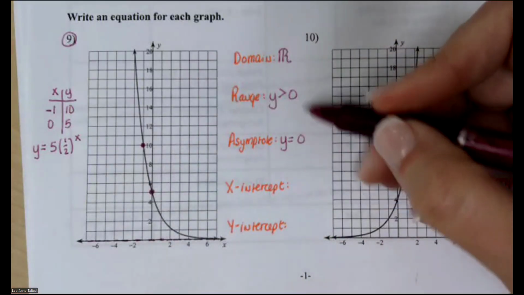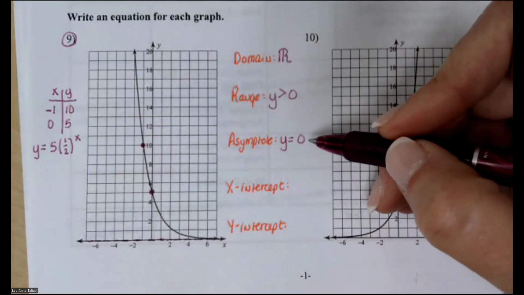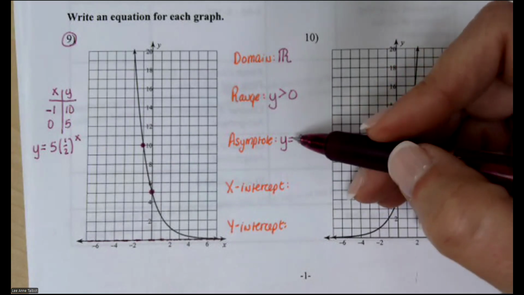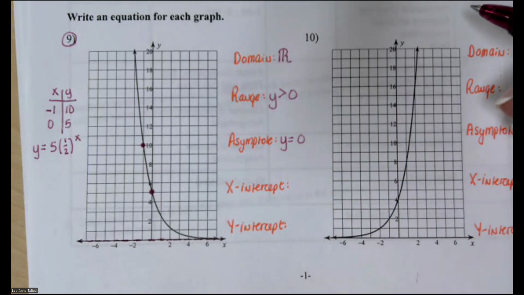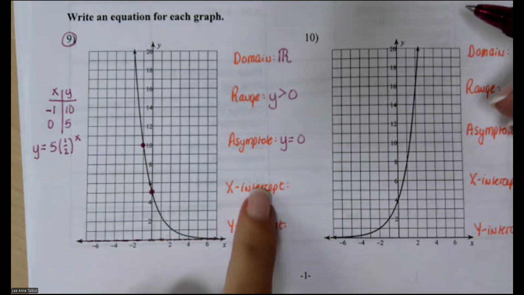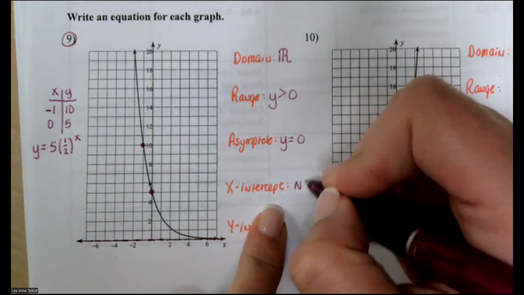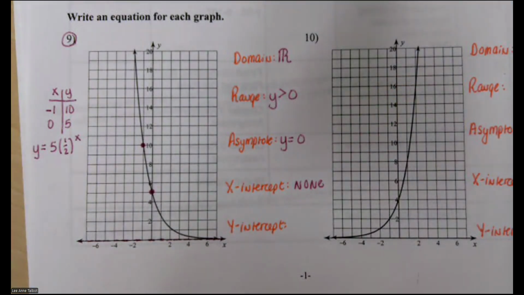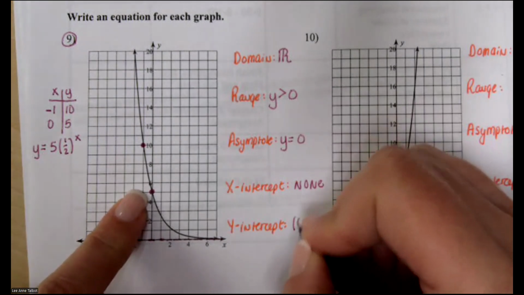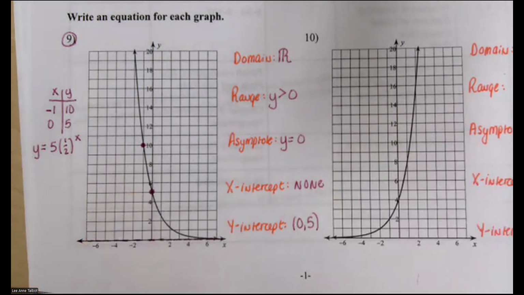Usually the numbers in the range and the asymptote match, but this one is equals and this one is greater than most of the time. The x-intercept is none because it will not touch. X-axis is hot lava. And the y-intercept is 0, 5.